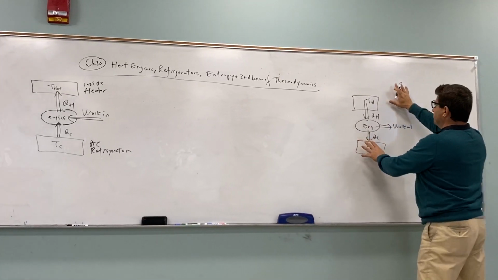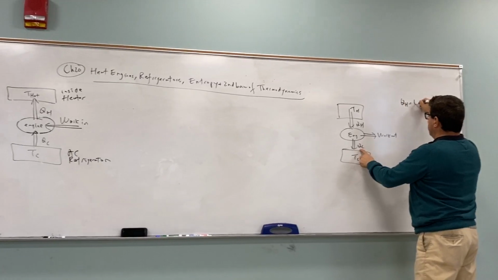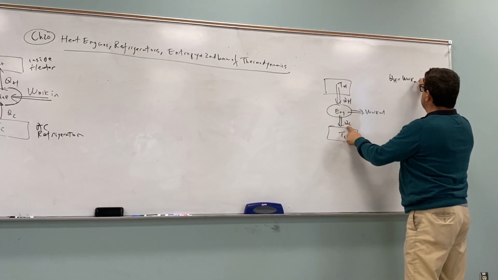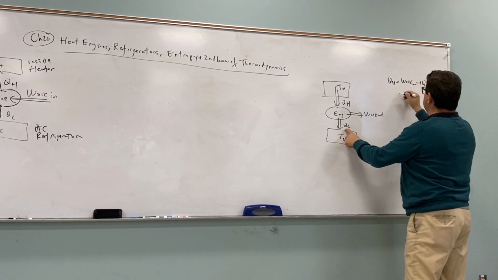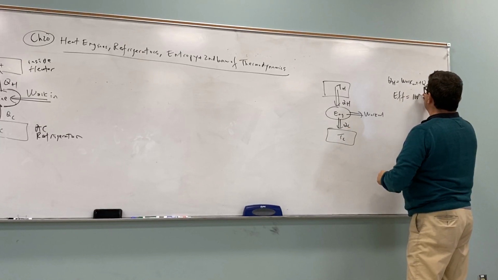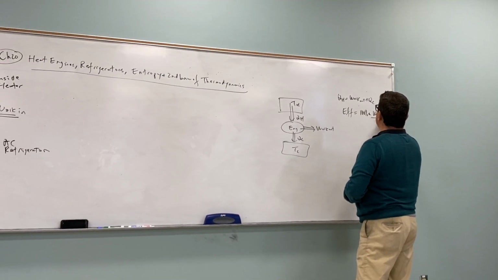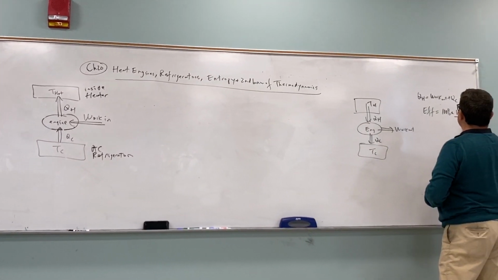So this is the heat engine we first covered, and we said Q hot is work out plus Q cold. And then efficiency is defined as 100% times work out over Q hot.